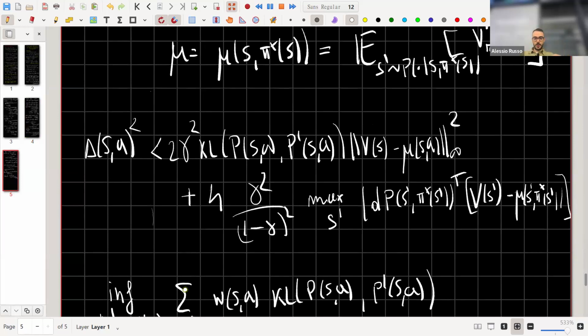So we want this gap to appear, right? What we are going to do is a nice trick. We want to understand how much each one of these two terms, the first term and the second term, contributes to this inequality.